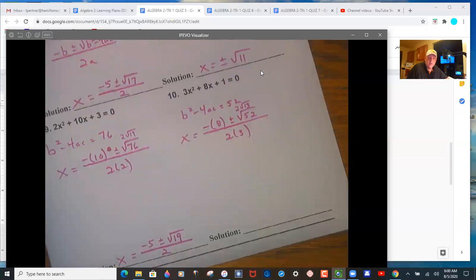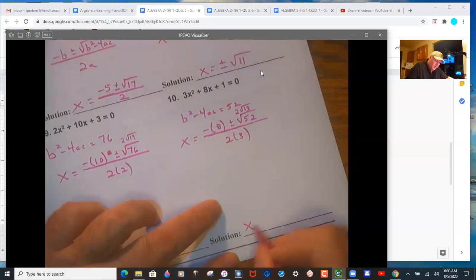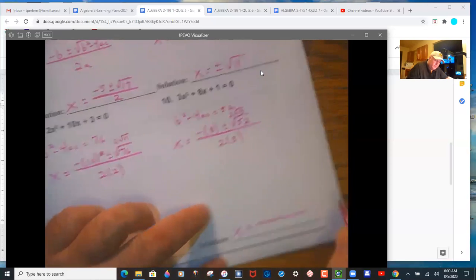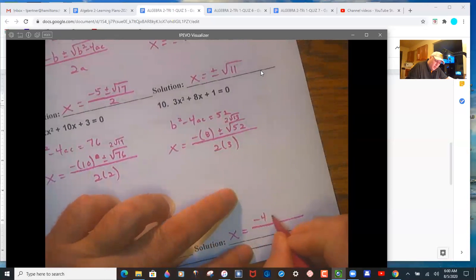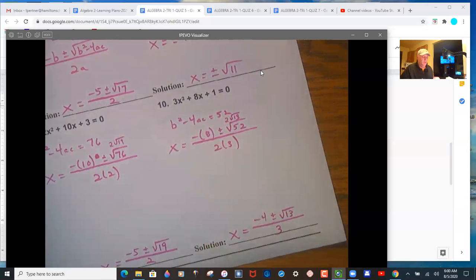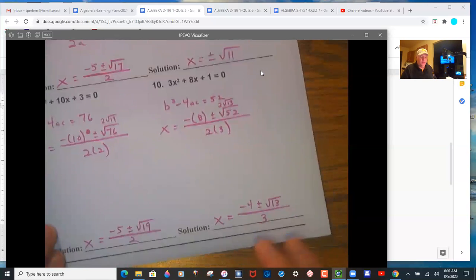I just write the reduction above the square root, if it happens. And so we can reduce everything by 2. So negative 4 plus and minus the square root of 13 over 3. Again, what is this? What are we doing? We are figuring out exactly the x-intercepts. And if you ran this through your polynomial solver, it would show you long decimals. And if you crunch those out on your calculator, they would be the same.